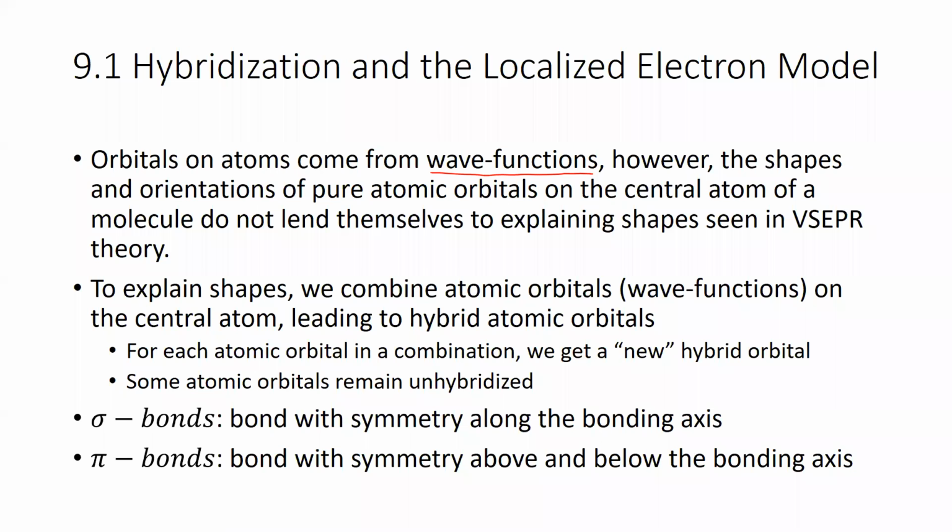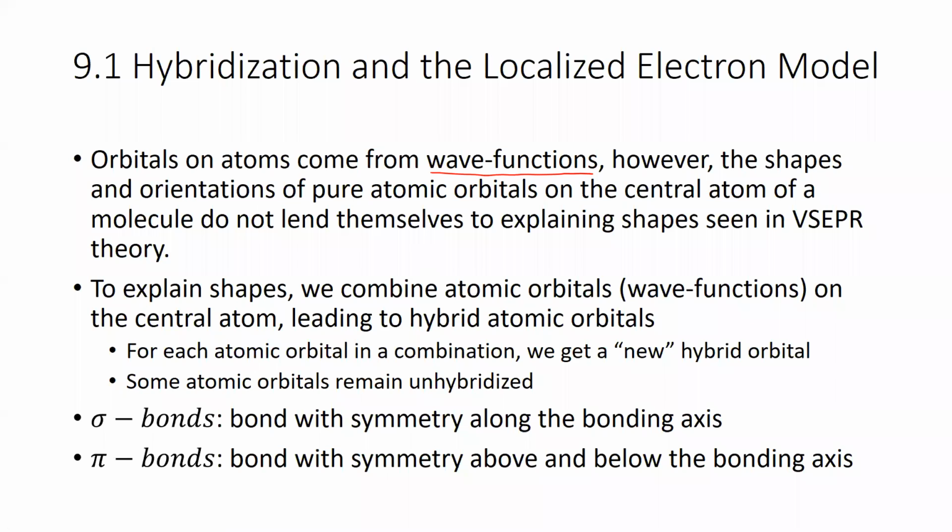And so in order to explain the shapes, like the tetrahedral shape or the trigonal bipyramidal shapes and electron geometries that we see, we're going to have to do something beyond just using those pure atomic wave functions that we get from the hydrogen atom.